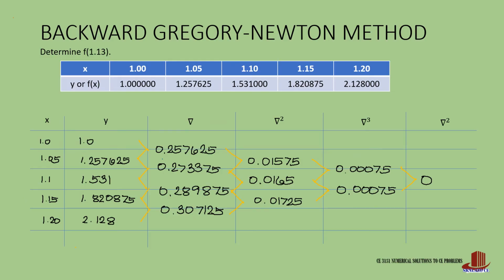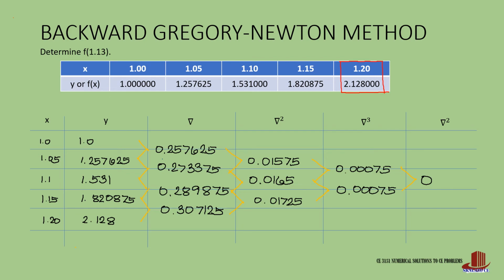Now, just like what we showed earlier, instead of using the succeeding value of x, how about if we are going to check on the real x sub n, or the last value of x? And that would be from 1.2, or the f of x of n, which is 2.128. In this case, we are going to have a different set for the values of nabla.